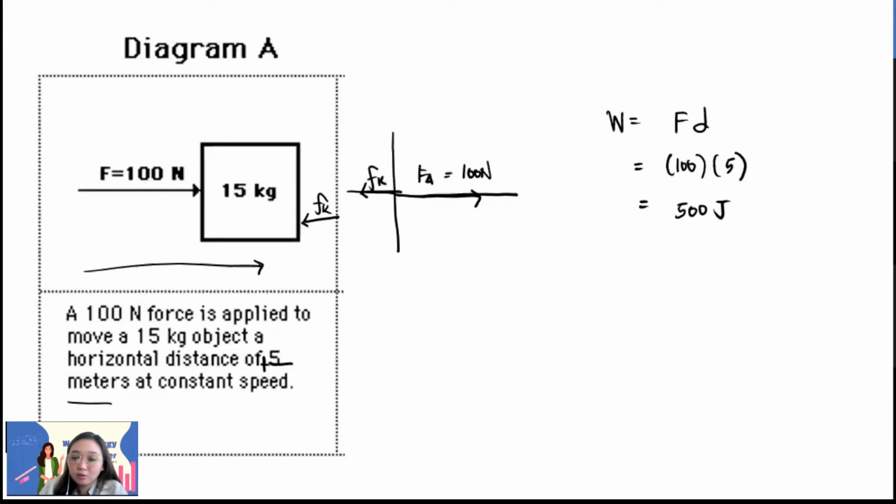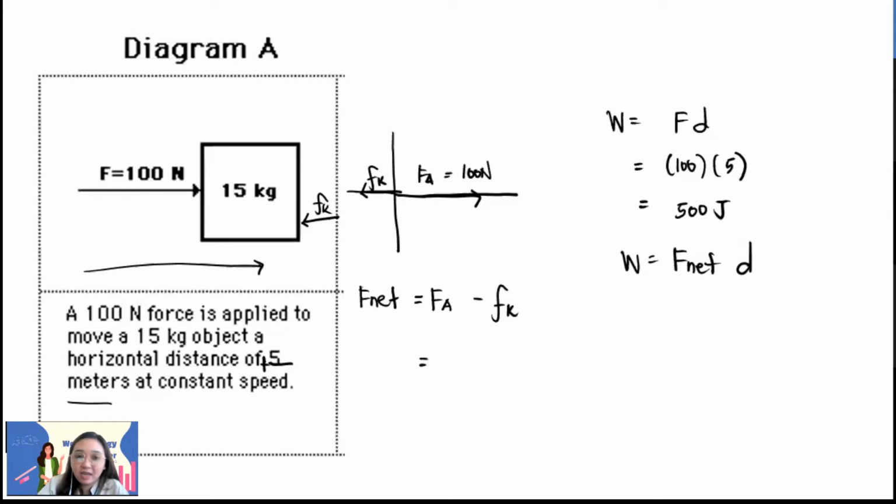Okay? So, ang kukunin na dapat natin is F net. So, hanapin muna natin si F net. F net is equal to, since nasa x-axis lang yung force natin, so yung mga forces along x-axis, FA, okay, i-minus ko na si FK. Okay? Kasi opposite in direction.